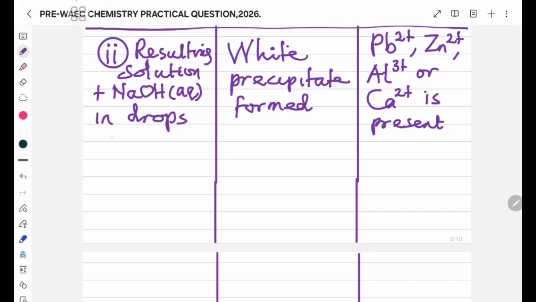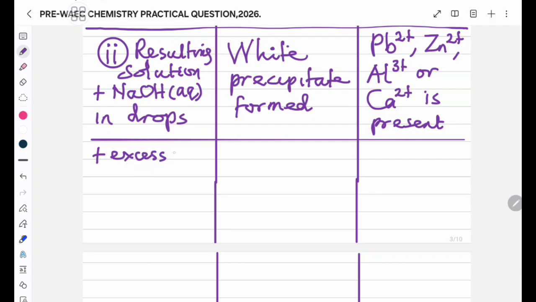Then don't forget, rule the line. Then add excess to the same mixture. Add excess of that sodium hydroxide solution. Now, when you add excess, the precipitate dissolves.